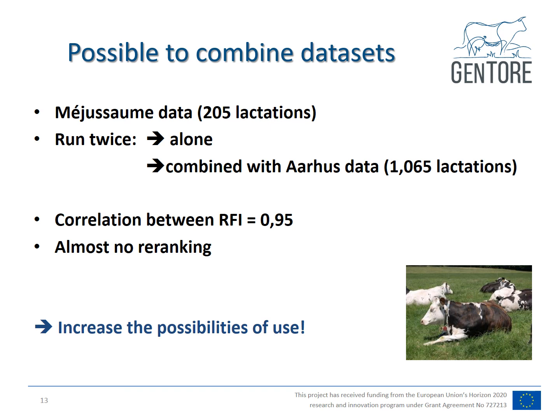So there was almost no re-ranking when the two datasets are combined, which increases the possibility of use of the model because we can now use it on datasets that are too small to be run on themselves alone. And it also allows the possibility of the use of this model for genetic selection.